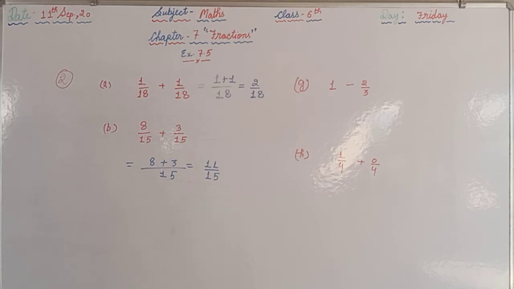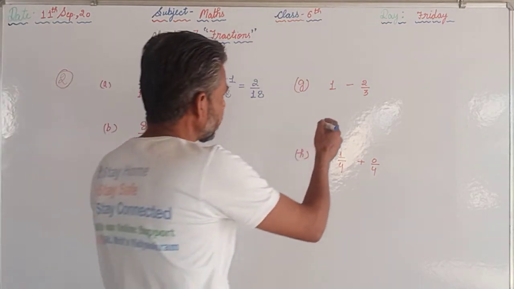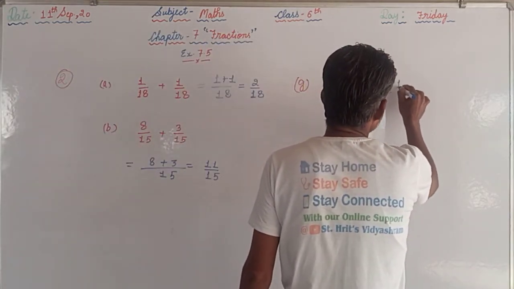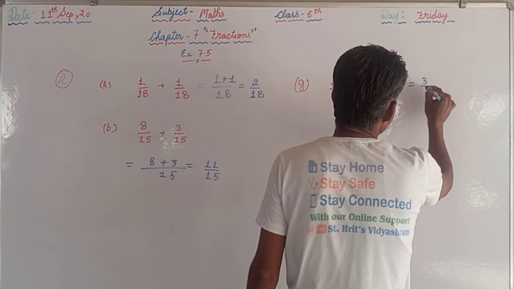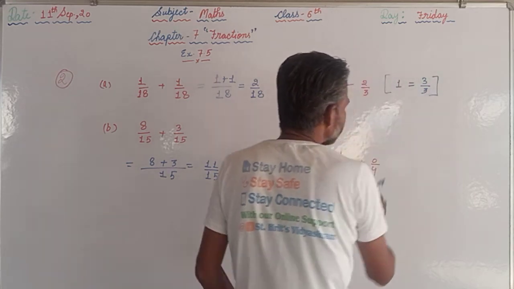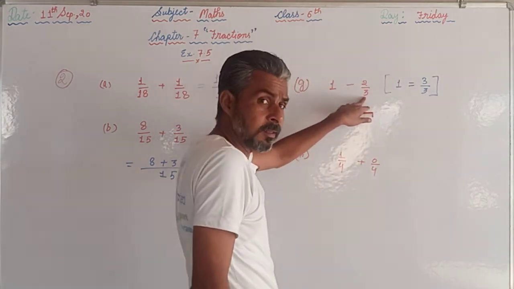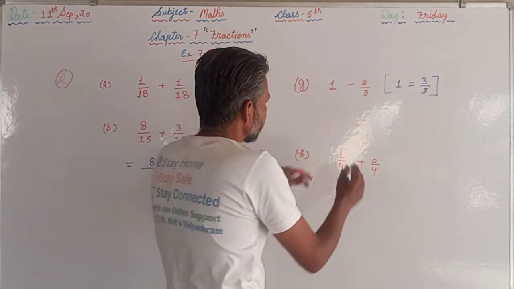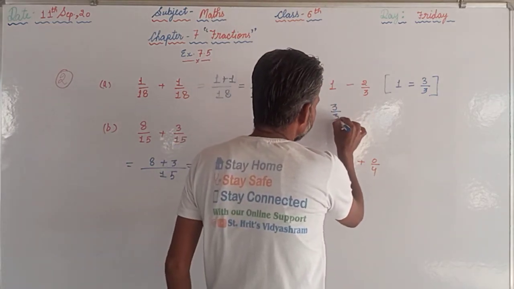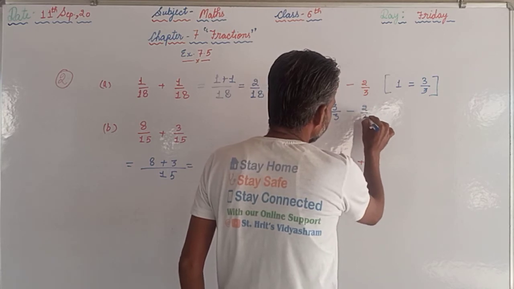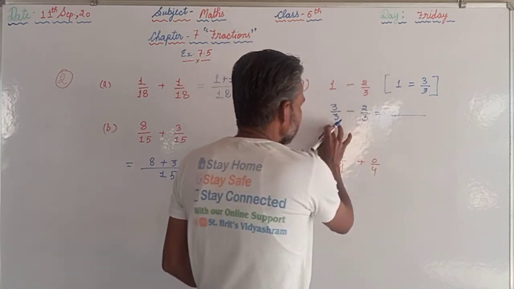The 1 can be written as 1 upon 1, 2 upon 2, 3 upon 3, 4 upon 4, 5 upon 5 and 6 upon 6, that is given in the question we have solved previously. So here 1 can be written as 3 upon 3. Why are we choosing 3 upon 3? Because the denominator here is 3. So we can write 3 upon 3 minus 2 upon 3. So these are like fractions.